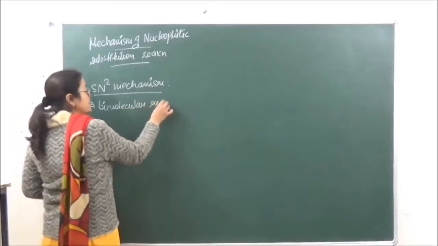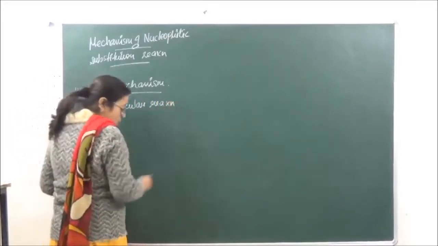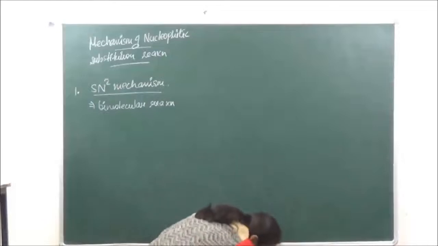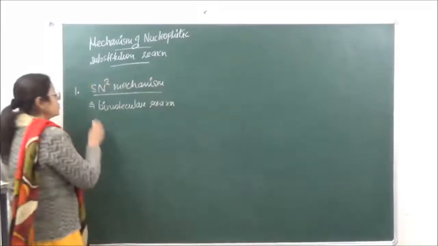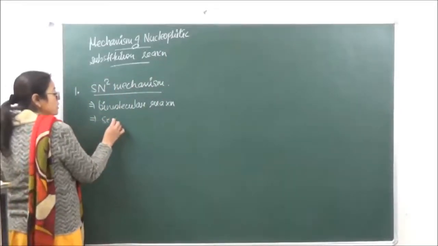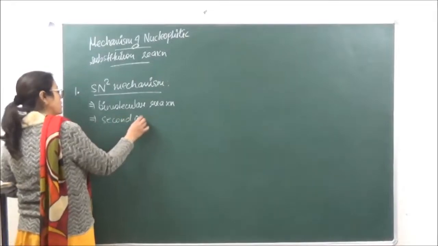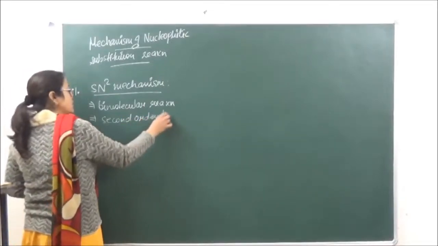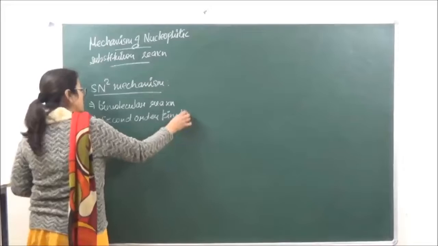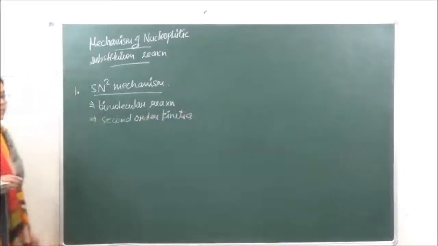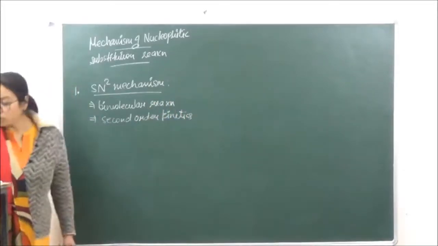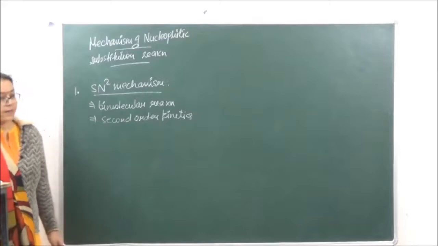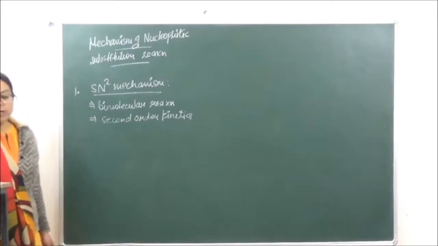Okay, so this reaction is basically going to be known as bimolecular reaction, or it is said to follow second order kinetics. Okay, so SN2 over here, it is going to follow second order kinetics.